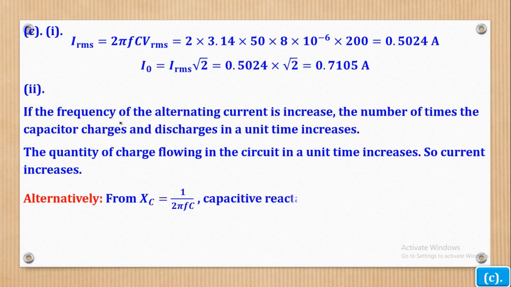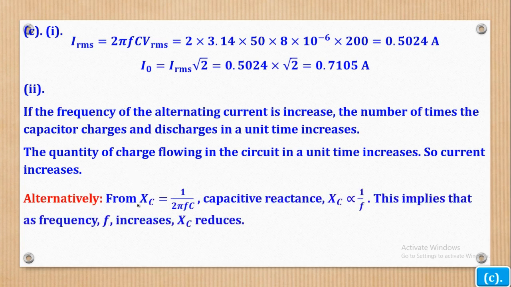Alternatively, we can now use various formulae to come up with the outcome. So we know that capacitive reactance is equal to 1 over 2 pi f C. That implies that capacitive reactance Xc is proportional to 1 over f, because 2 pi C are constant.